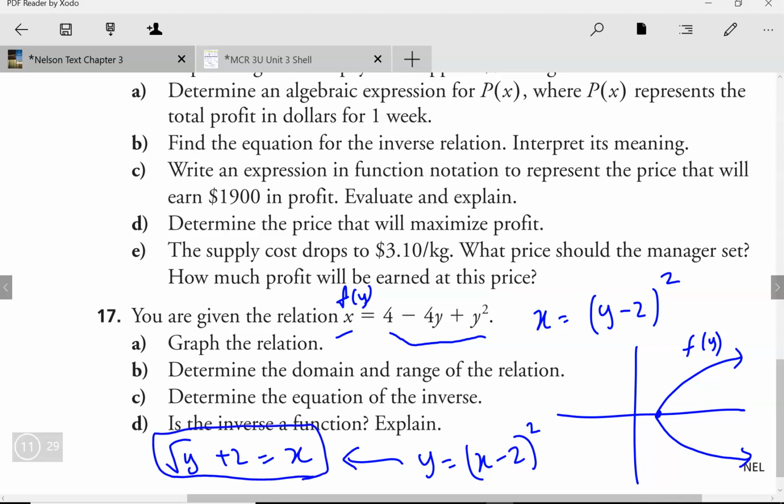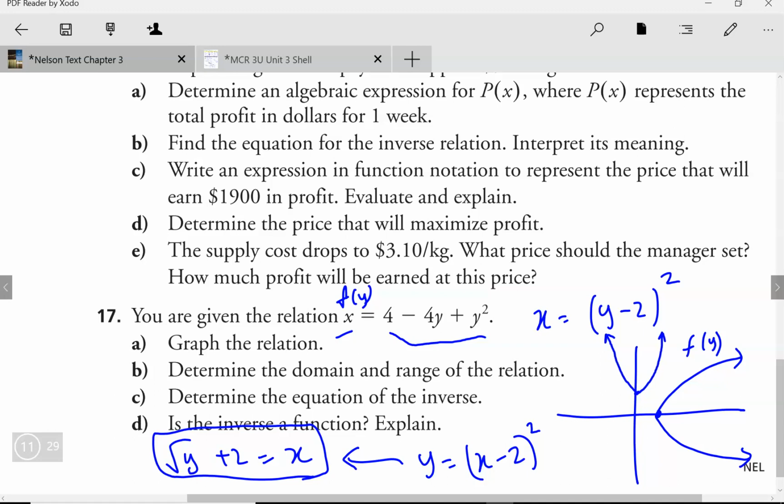And if you look at the inverse, our inverse function would look like this, actually. Like that. That would be what our inverse function would look like.